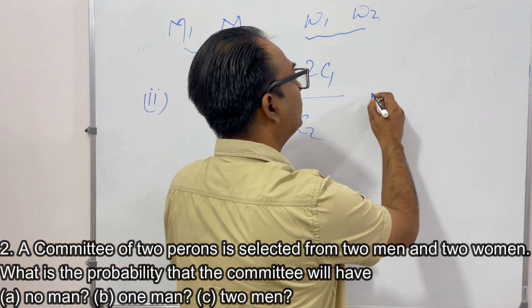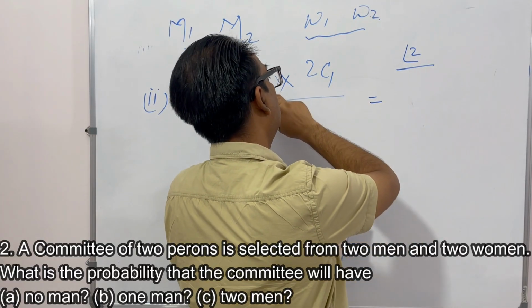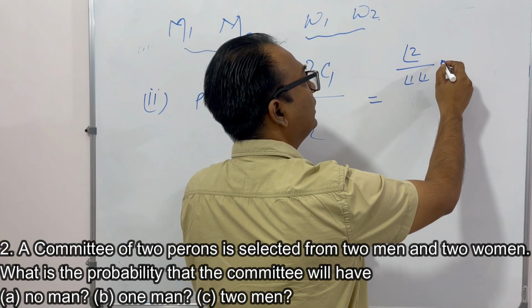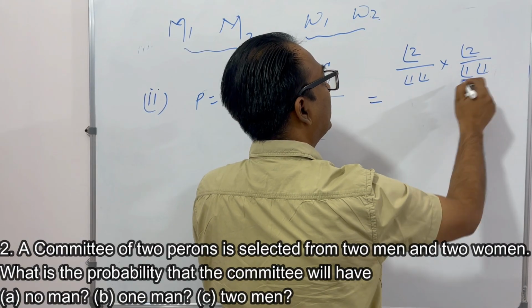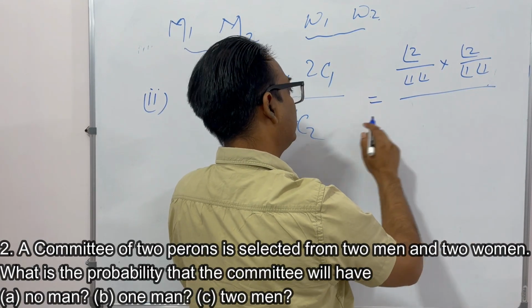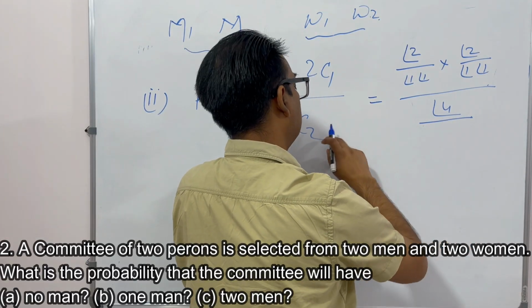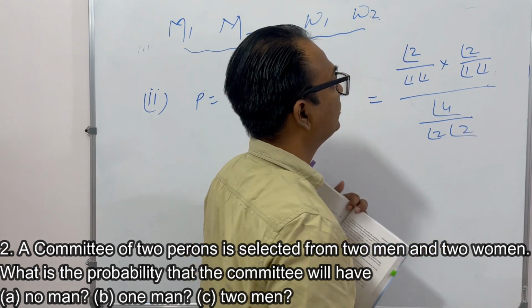This is equal to factorial 2 by factorial 1 factorial 1, times factorial 2 by factorial 1 factorial 1, divided by factorial 4 by factorial 2 factorial 2.